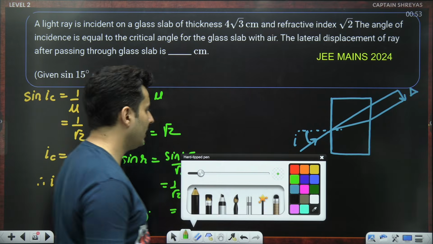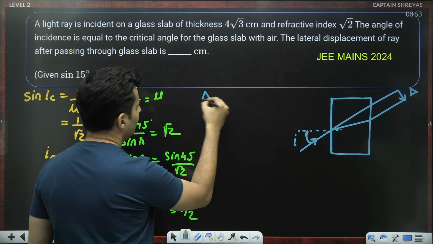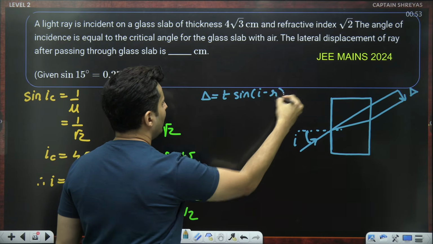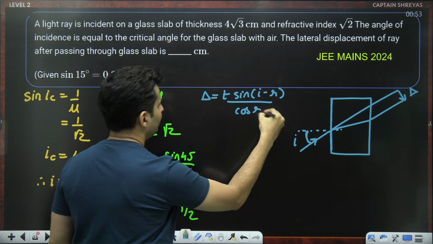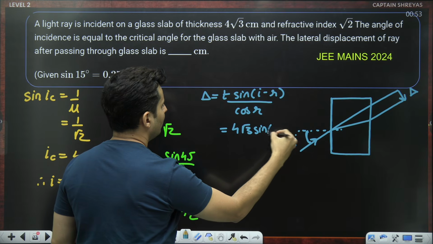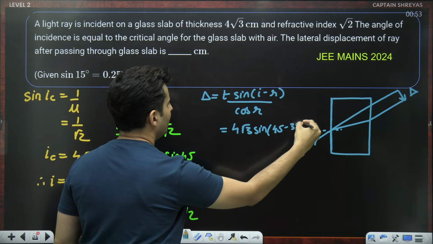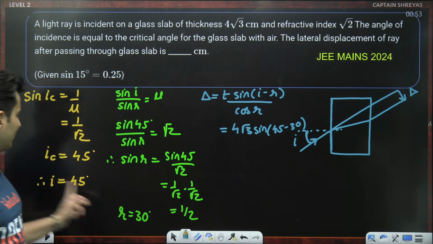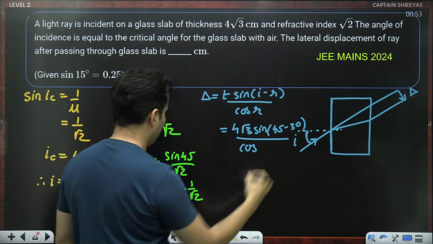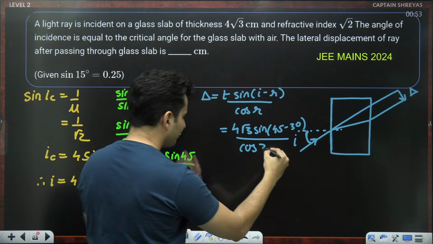So I and R I know. To find that lateral shift, use this formula: T into sine of (I minus R) divided by cos of R. Thickness is 4 root 3, sine of (45 minus 30), the whole thing divided by cos of R, where R is basically 30.